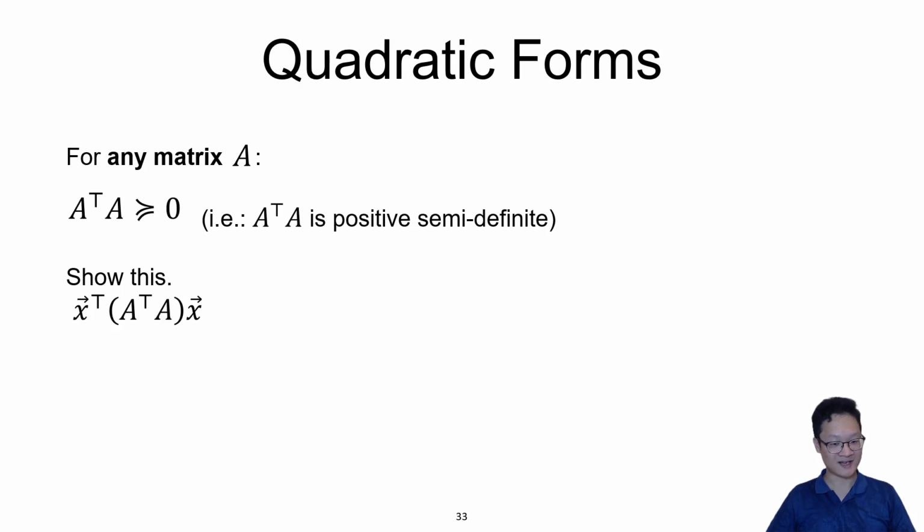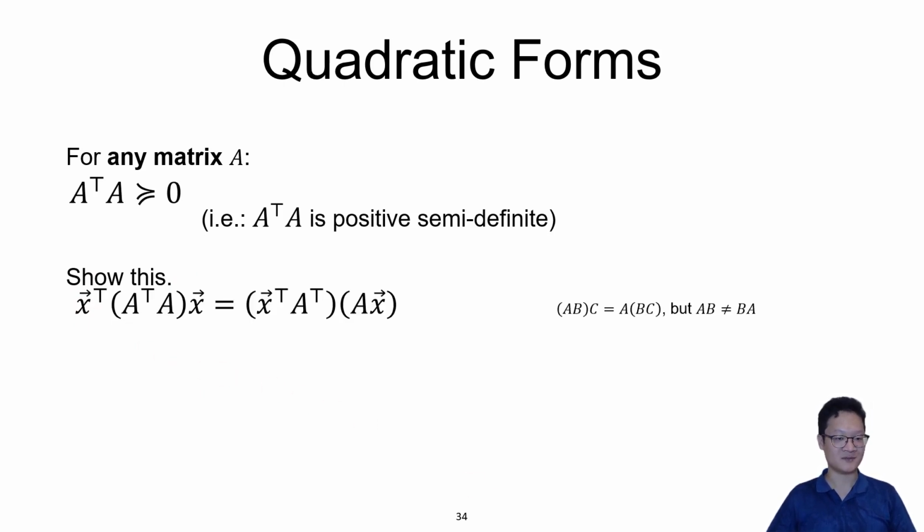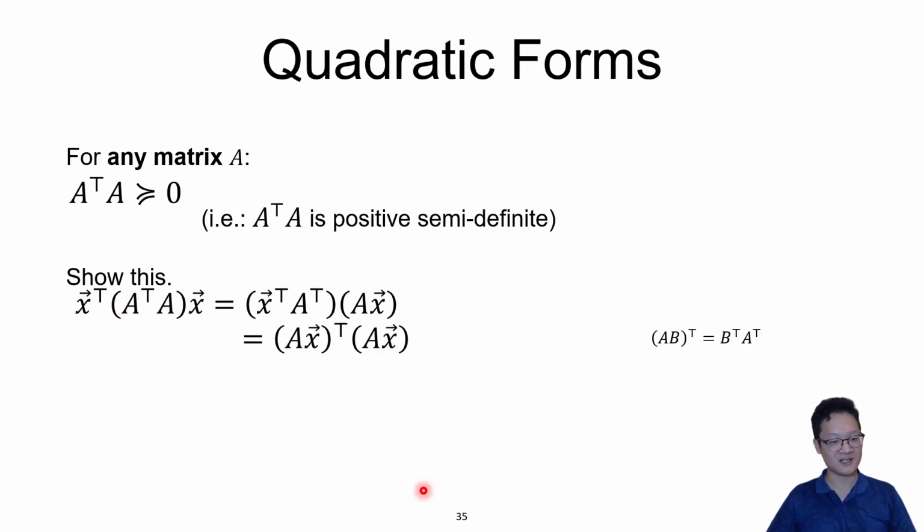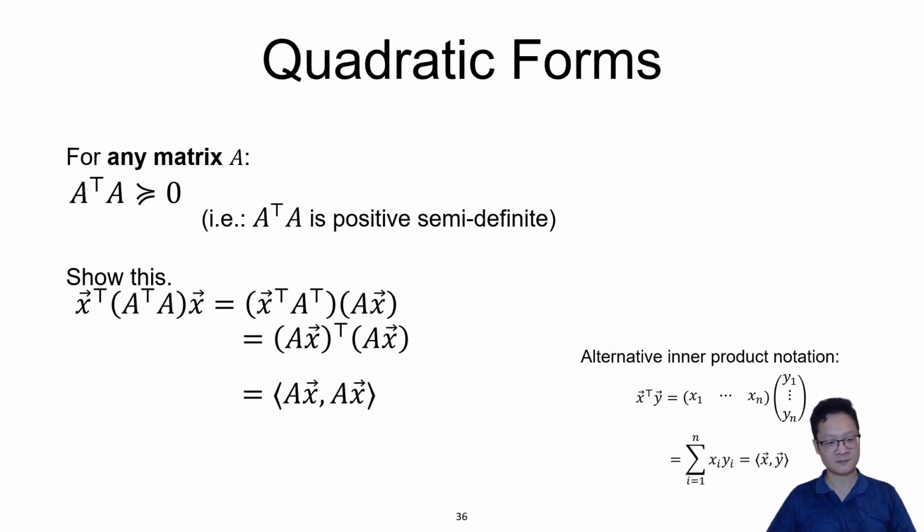Going back to the slide, remember we took option number 1, which is to look at the quadratic form and show that it is greater than or equal to 0. We rearranged the brackets, combined the transpose using this property, and then noticed that this is exactly an inner product of AX with itself.